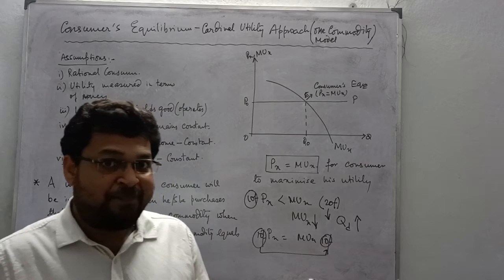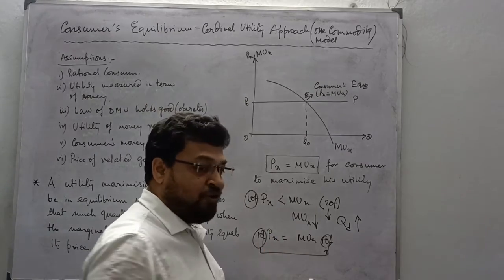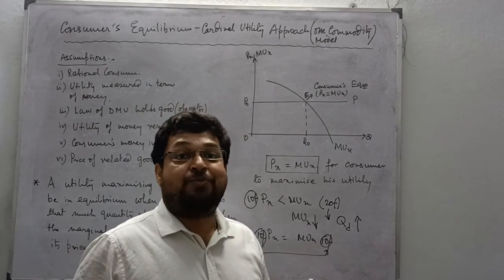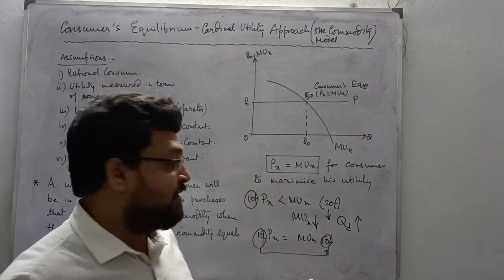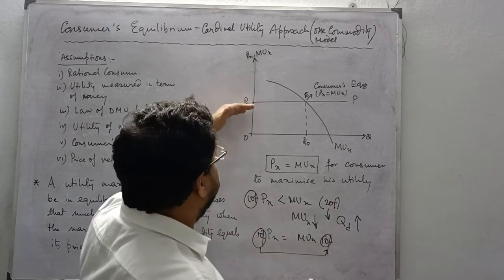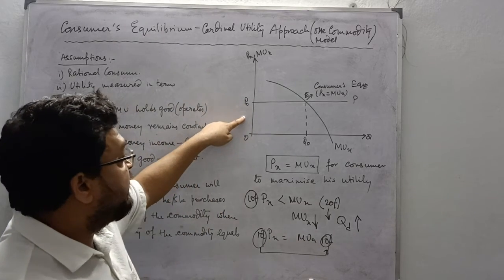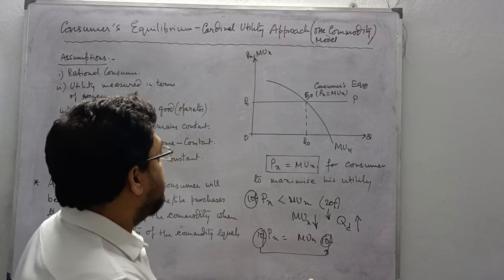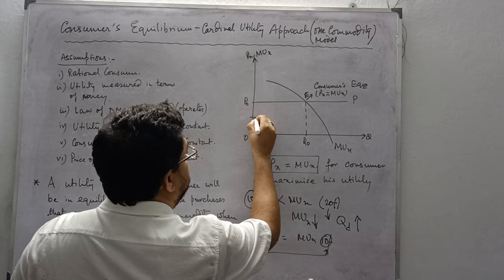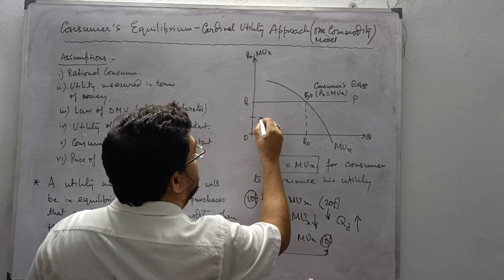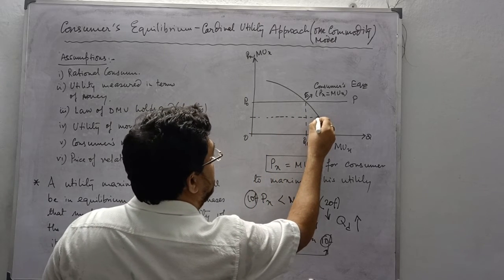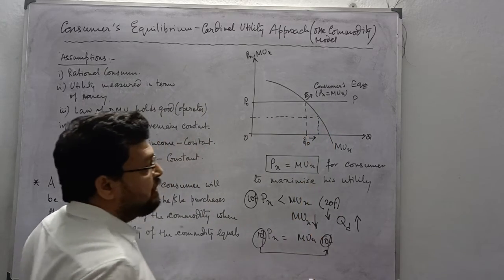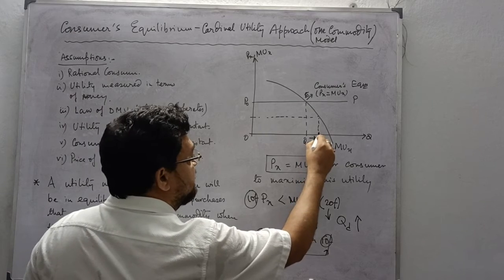So this is the consumer behavior according to the cardinal utility approach for the one commodity case. If the price goes down here, the consumer, to attain equilibrium with price equal to MUx, has to increase the quantity consumed.